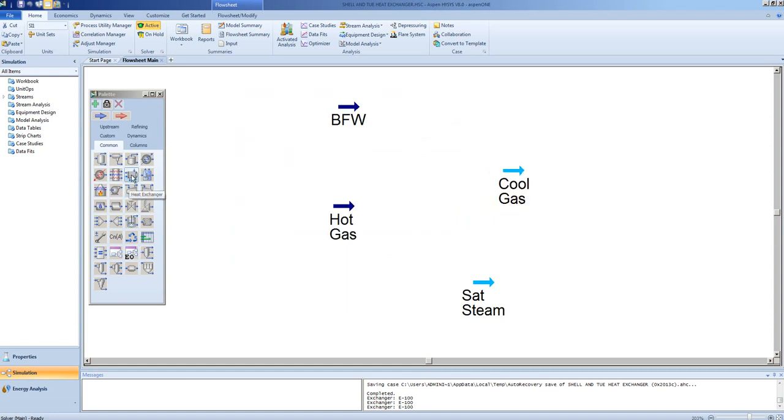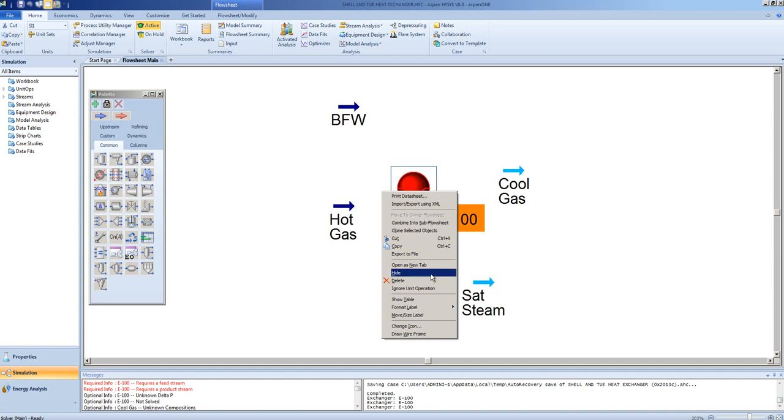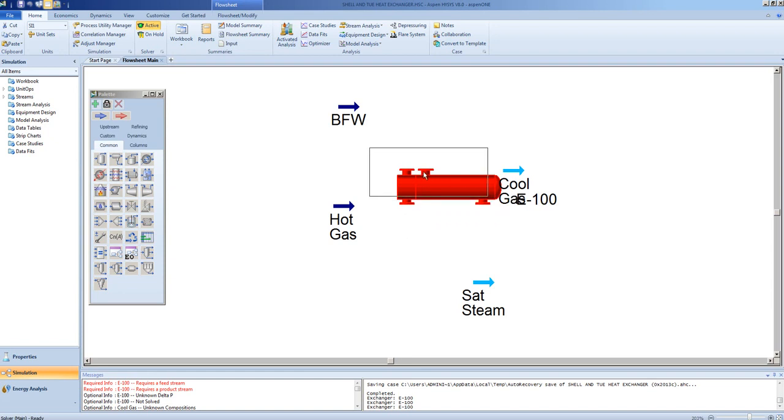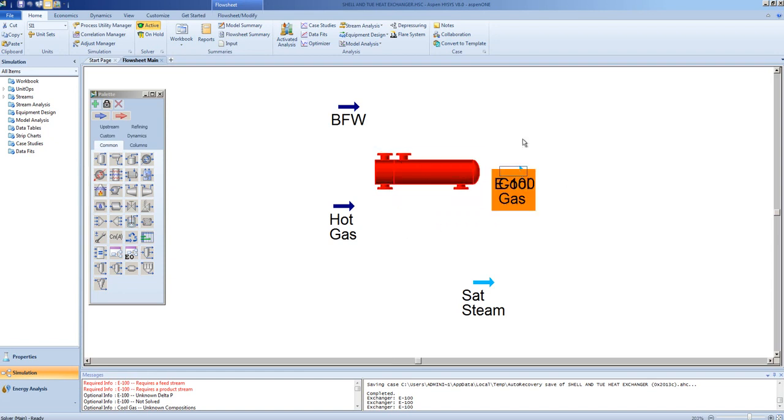We will now add a heat exchanger unit to the flow sheet. You can exchange the icon and choose an icon that best suits your needs. So, in this case, the boiler feed water will be fed to the shell side.